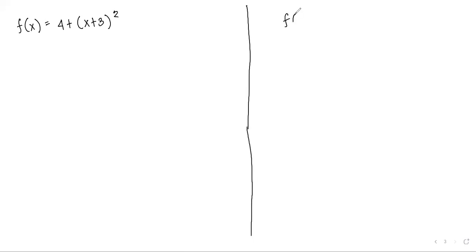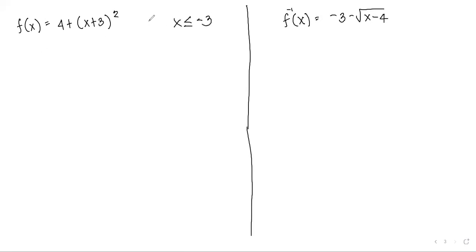Dito naman, f inverse of x that is equal to -3 minus the square root of x minus 4. Ayan. So, tabular method tayo. Kasi same naman sila, dito rin sa tabular method. Since sabi, less than equal to -3, diba?